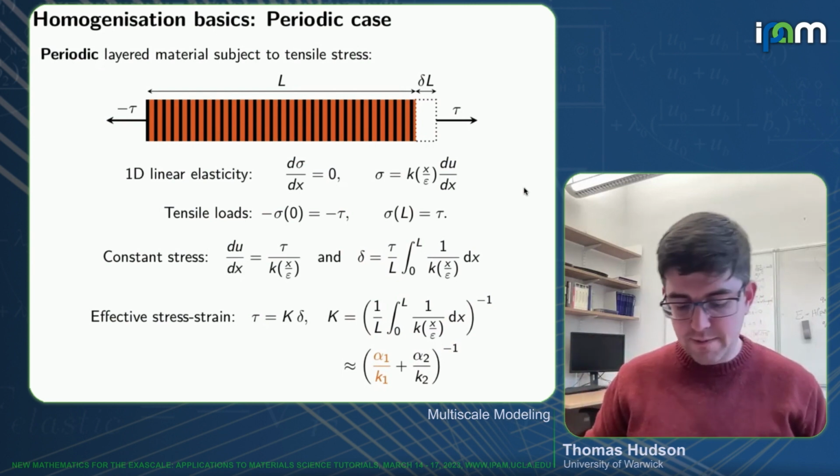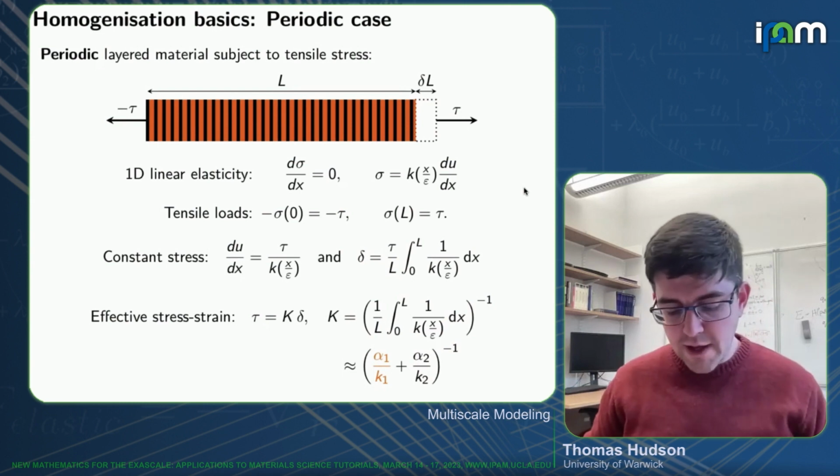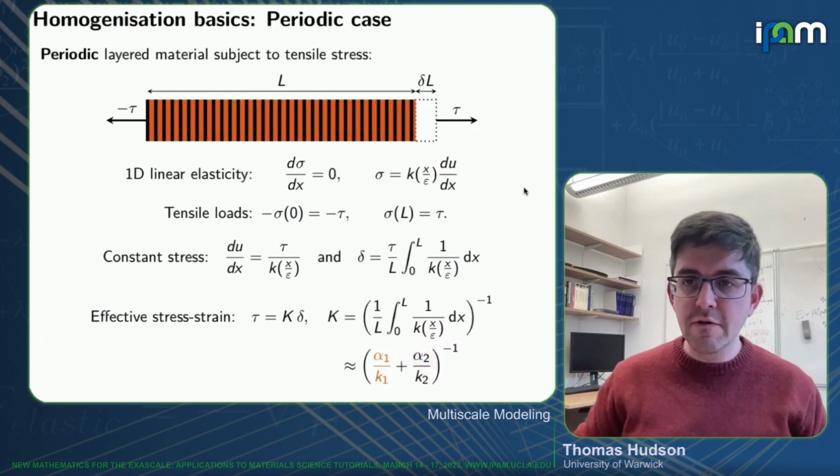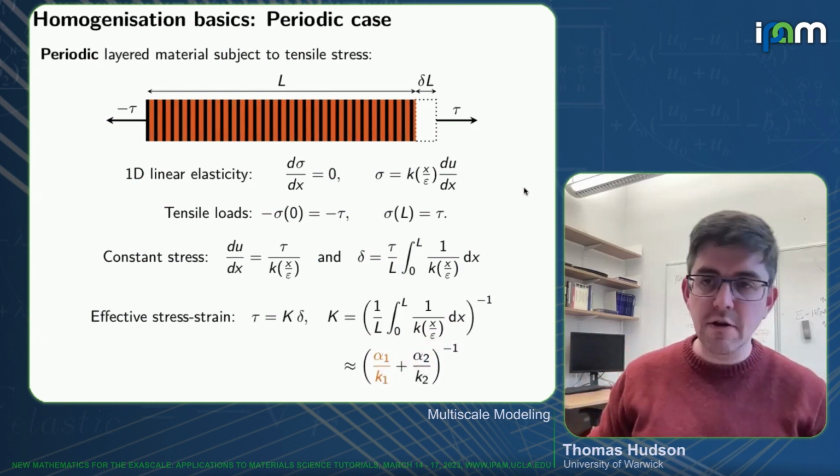So here, this is just saying that if I had a fixed elastic coefficient K1 in the orange region and a fixed elastic coefficient K2 in the black region, then with the volume fractions alpha 1 and alpha 2 for these two regions, this would basically give me the effective elastic coefficient.